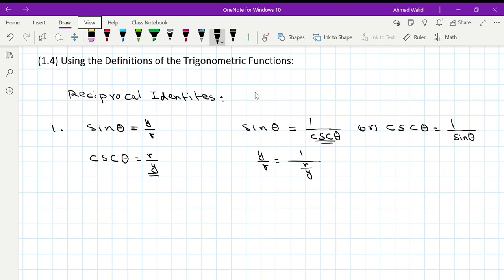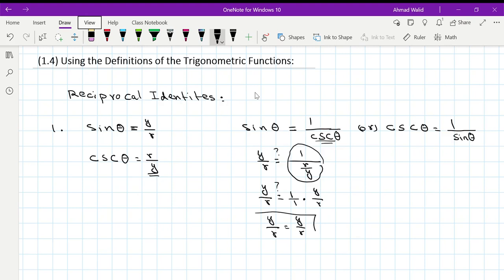It's a complex fraction. Then what we do, we keep the numerator, which is 1 over 1, times the reciprocal of the denominator, y over r. Easily, you can say that y over r is equal to y over r.